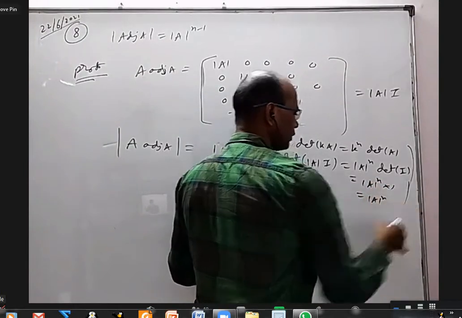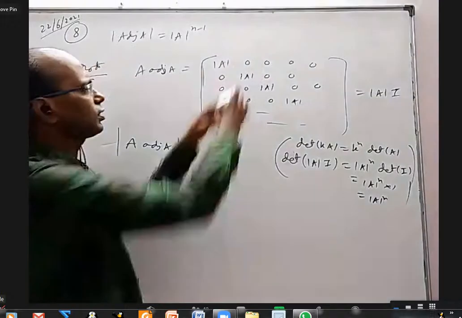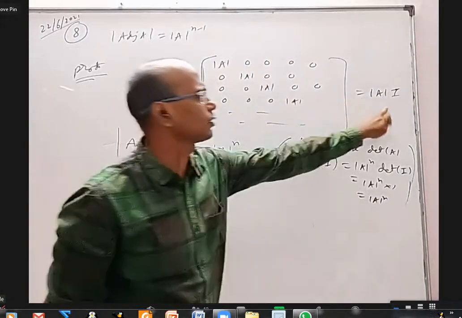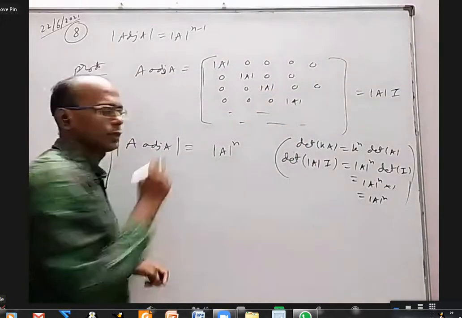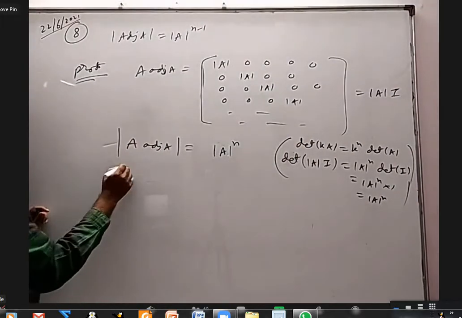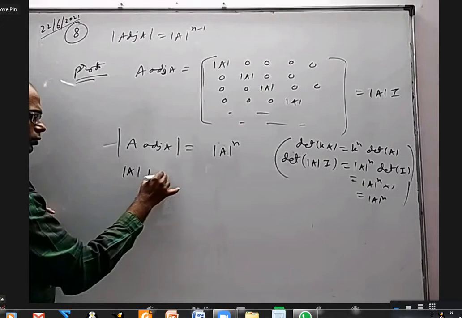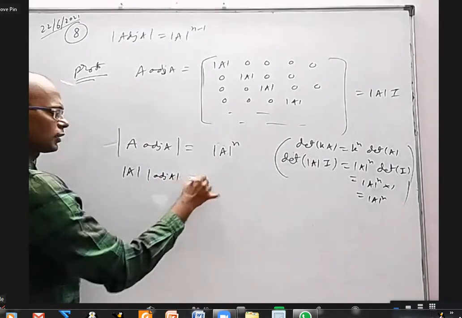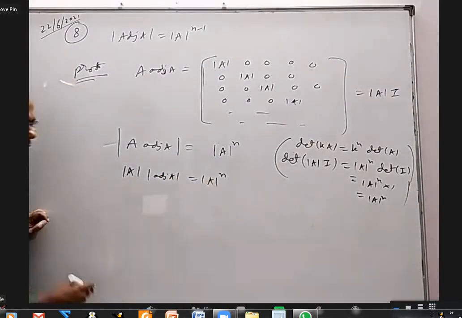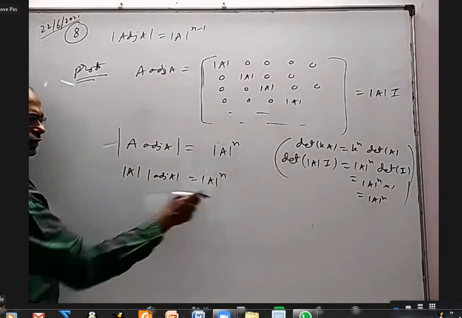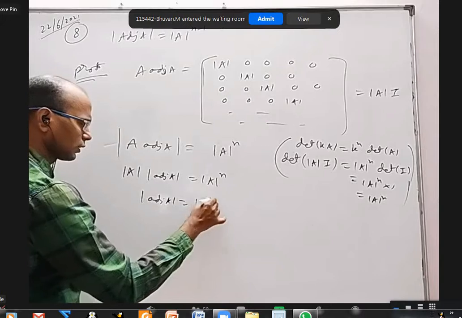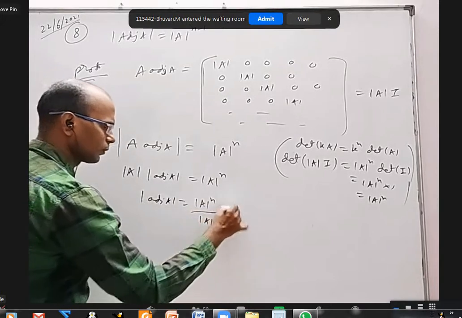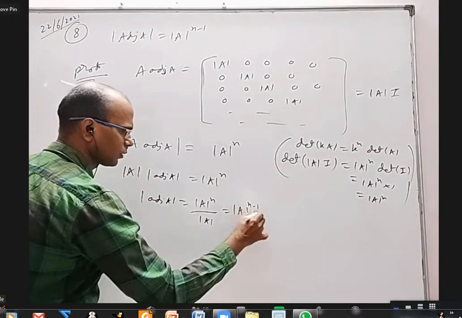Either you can understand it this way or simply write that det A into I means this, and the determinant is the product of all the diagonal elements. Now, det A into det of adjoint A is equal to det A power n. This is a number, I can divide here. Det of adjoint A is equal to det A power n by det A, which is det A power n minus 1.